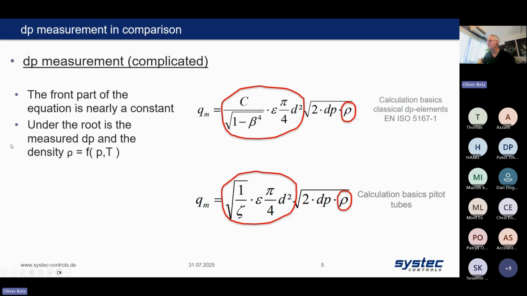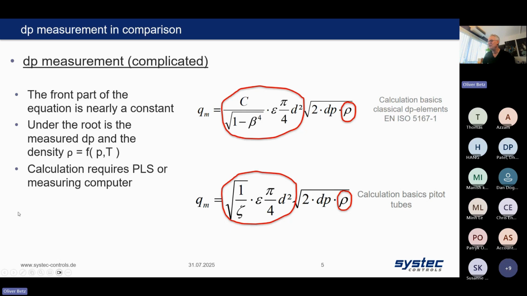So under the square root, you have the differential pressure, which is measured, and you have the density, which is unfortunately a function of pressure and temperature. So under the square root, you have basically differential pressure, temperature, and absolute pressure, which makes dP measurement a little bit more complicated than other measurements.